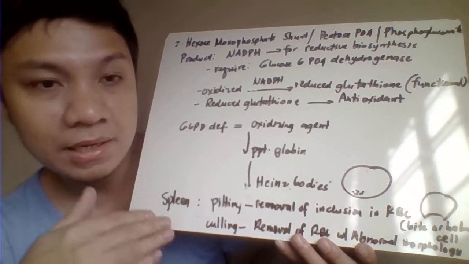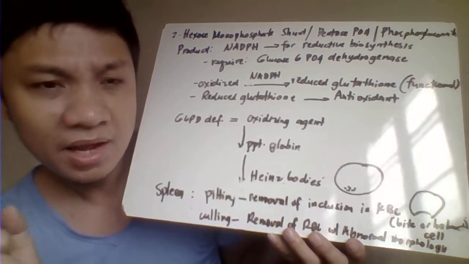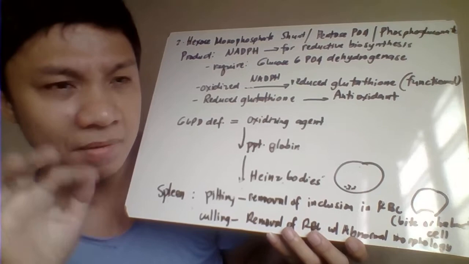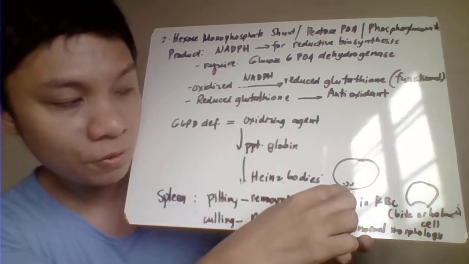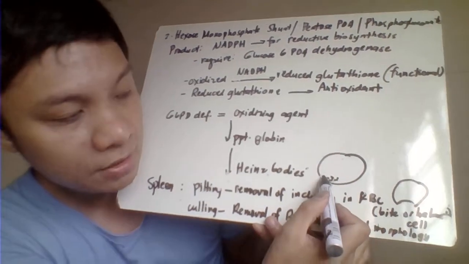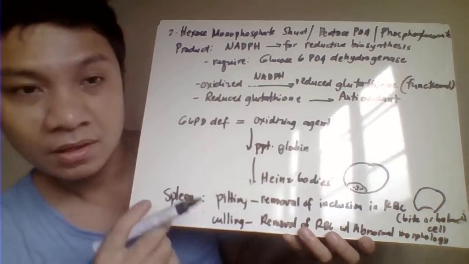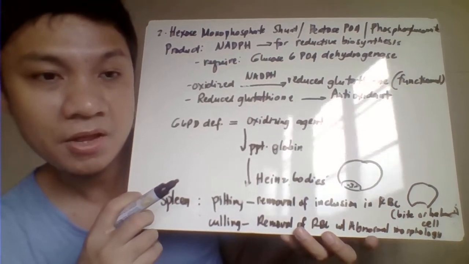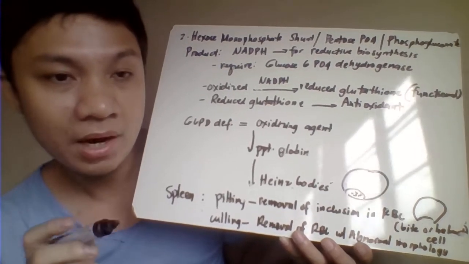Once this is delivered to your spleen, the spleen will notice this unusual RBC morphology. Why does it seem to have something inside? What the spleen will do is remove our Heinz bodies. It will eat them, by the process called pitting. Pitting is a process whereby your spleen tries to remove the inclusion bodies within our RBC.